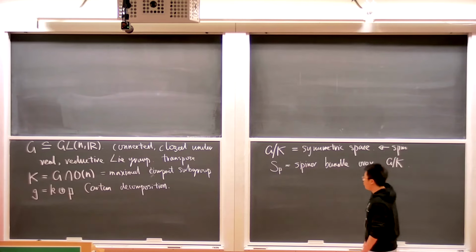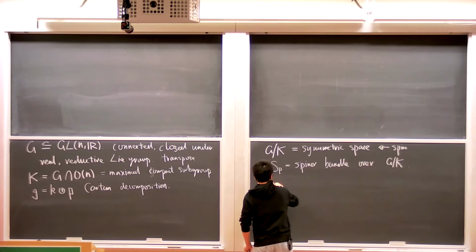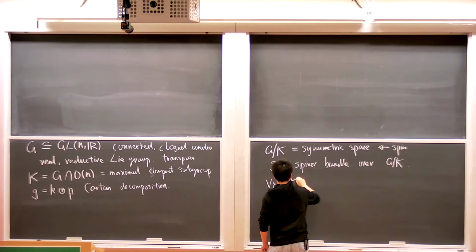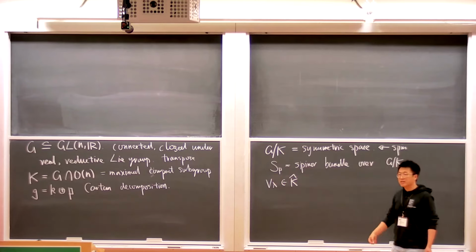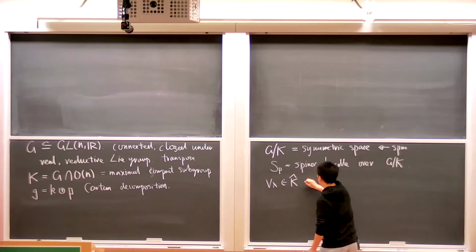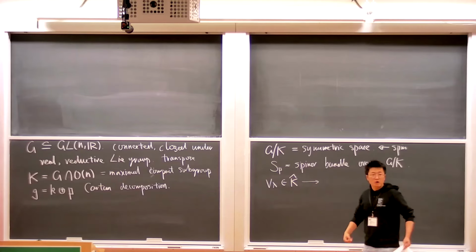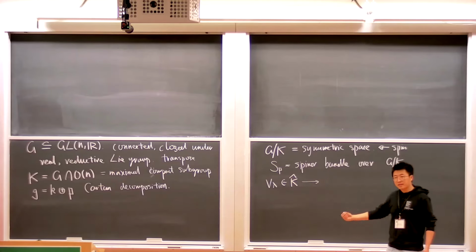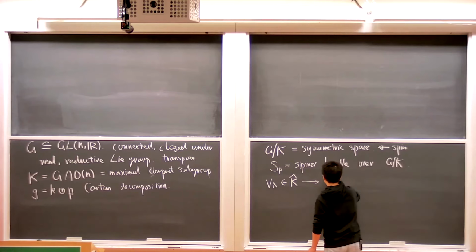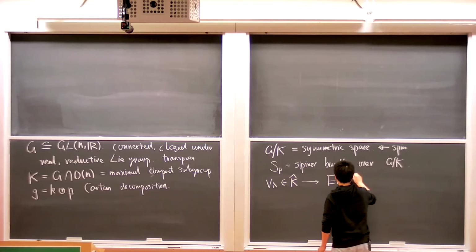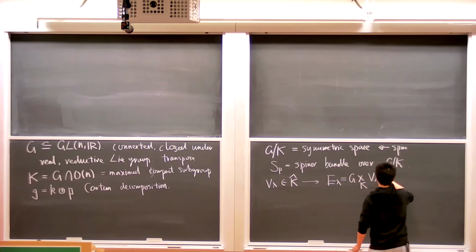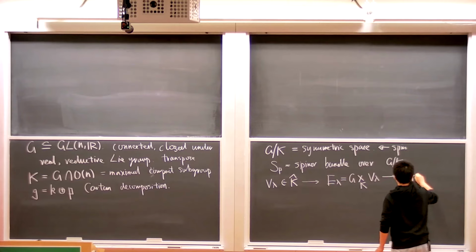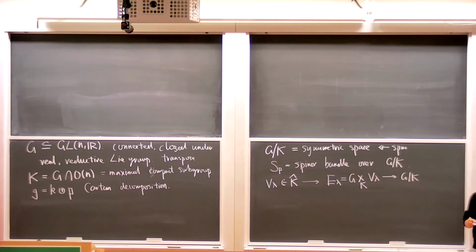Now I will begin with V lambda, an irreducible representation of this maximal compact subgroup K. Given any finite dimensional representation of K, we can form a G-equivariant vector bundle, E lambda, to be G times V lambda over K. This gives a G-equivariant vector bundle over this symmetric space.